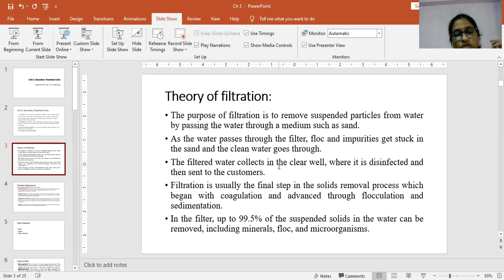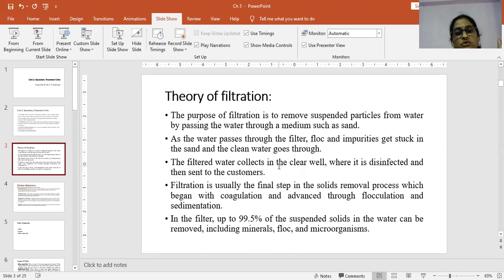This way we are removing the suspended particles present in water. But still, in spite of that, some suspended particles and some quantity of dissolved particles will remain in water, and that has to be removed by using the filtration process.